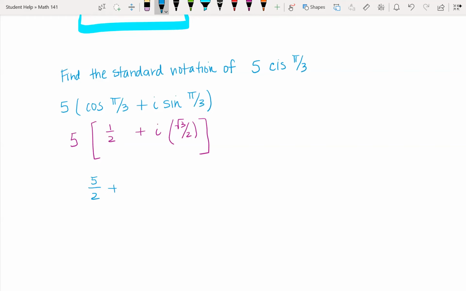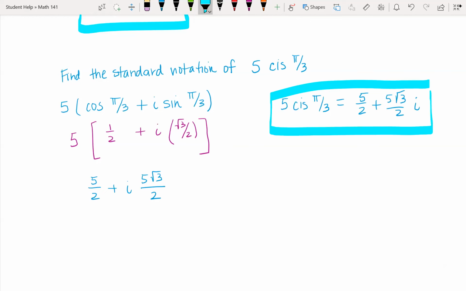And then I'll have I multiplied by 5 root 3 over 2. So I think that 5 cis pi over 3 is the same as 5 over 2 plus 5 root 3 over 2 times I.